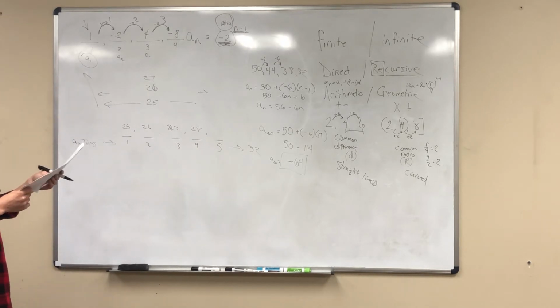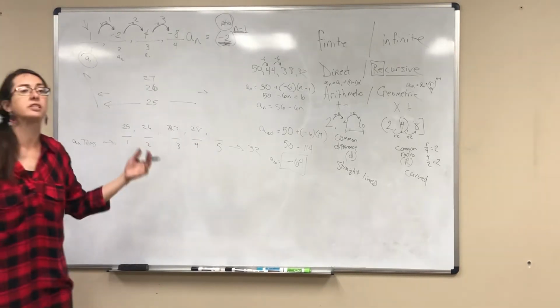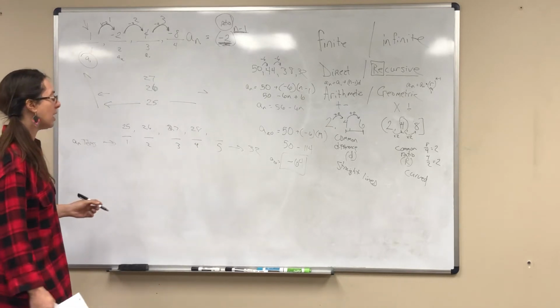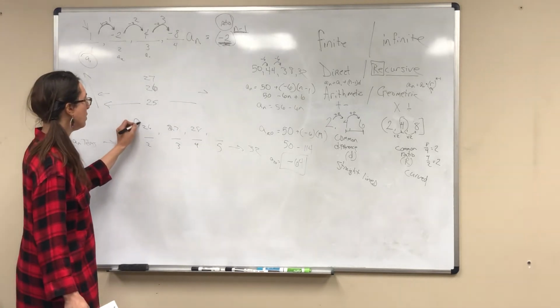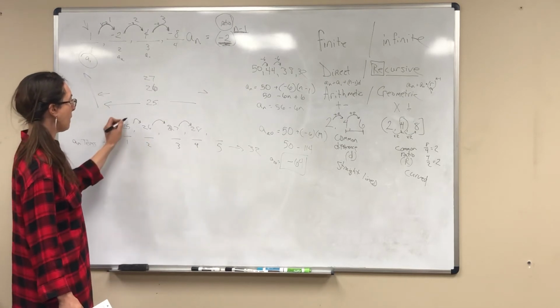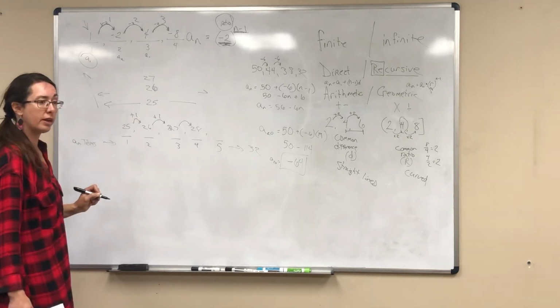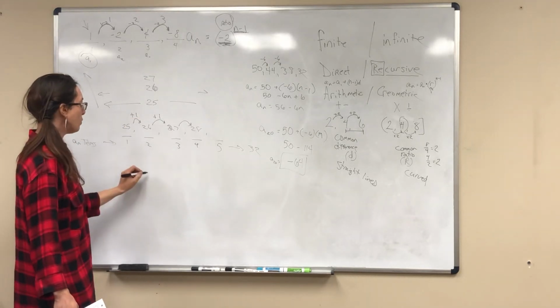It says write a rule for the number of seats in the nth row. I want to know how many seats are in the 17th row. How would I write that formula? Well, first we need to figure out what are we doing? What are we jumping? Plus 1. So since we are plus 1, we go from where we start.